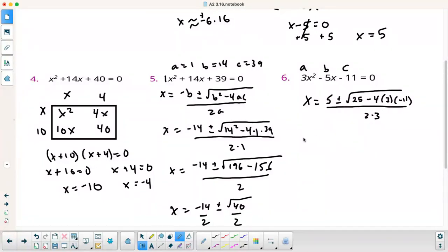So plug everything in. So this ends up being 25. So I have a negative times positive times a negative. So that is going to be positive. Whoops. So I get plus 132 all over 6.